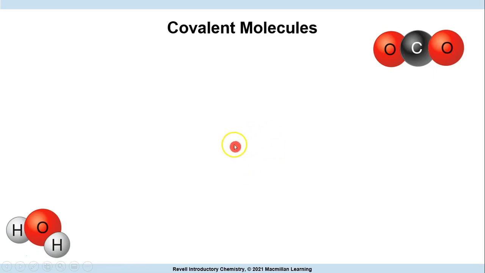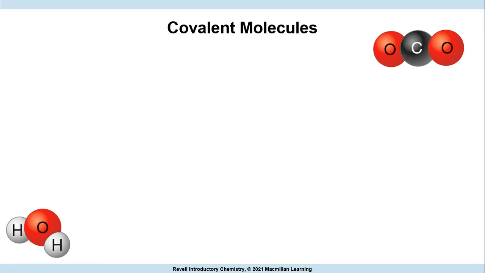In the previous chapters, we did look at the periodic table, we did look at the elements, and we looked at the types of bonding. We talked about ionic bonding, which was the bonding between metals and non-metals, and we talked of covalent bonding, which was between the non-metal elements.